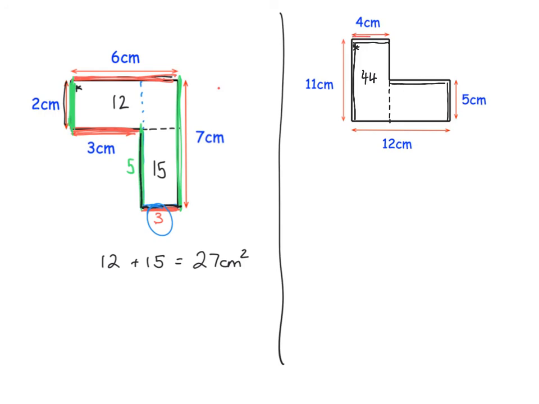I can see that this one is 4, and I can see that the whole thing is 12, which means this horizontal length, that has to add on to 4 to make 12, so it must be 8. So I'm going to do 8 times 5 is 40. I'm going to add them together, and I'm going to get 84 centimetres squared. If you did it a different way but got the same answer, that's fine.